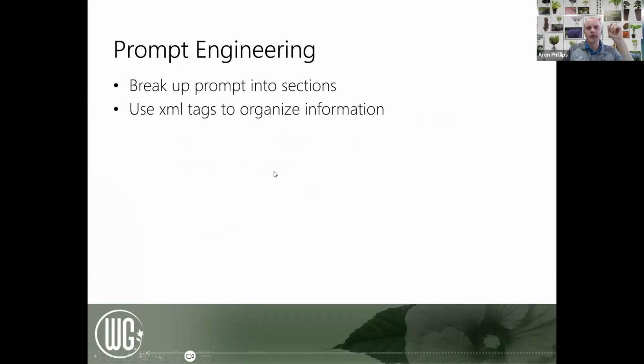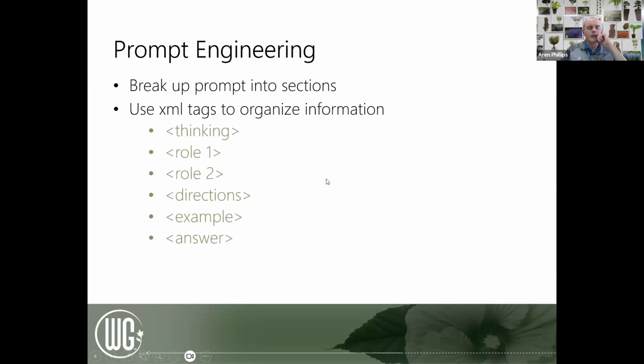And you can do this really cool trick using XML tags to organize and kind of label your information, okay? So this is what they look like. You can call them the carrots or whatever, brackets. But you can use these things called thinking, or you can give them roles, or you can give it a direction, or you can actually give it an example and then feed it an answer and say, hey, this is what I'm looking for.